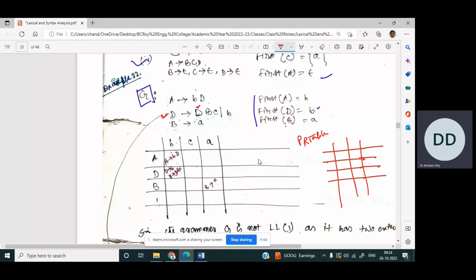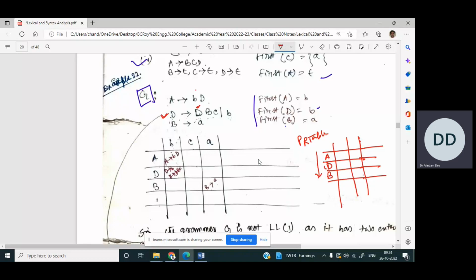Column wise, we actually write the variable names. What are the variables it has? This is A, another variable is D, another variable is capital B. We write the variable names that exist in the grammar. And row wise, we write the set of terminals that I have in the grammar.